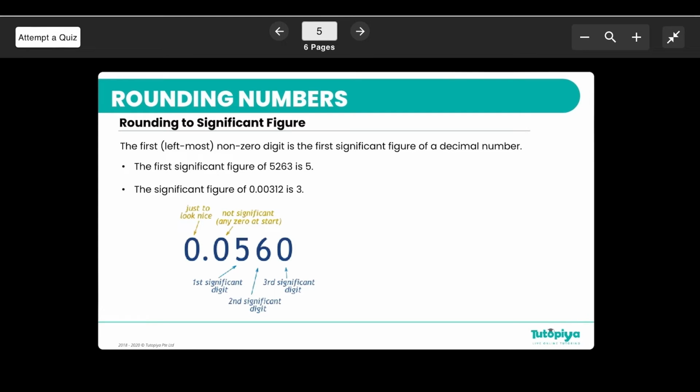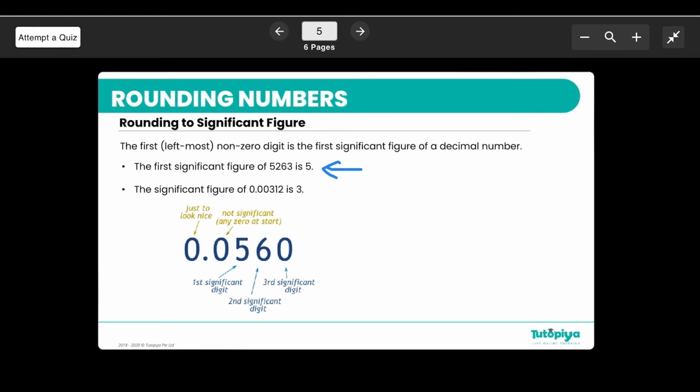And then the rounding that certain children find a little tough is rounding to significant figures. So here we are, significant figures, and what do we count as significant figures? If you have something like 5,263, the 5 is considered the first significant figure.